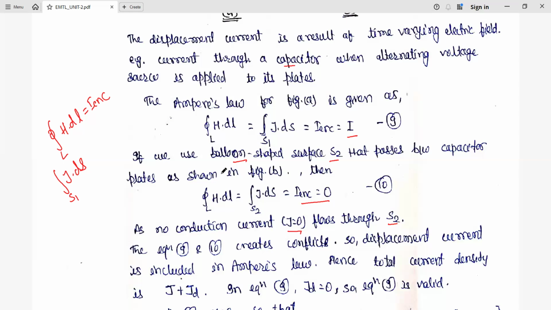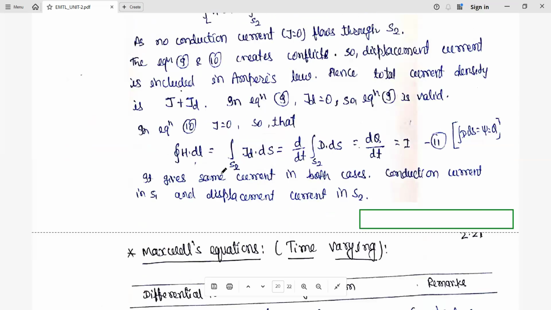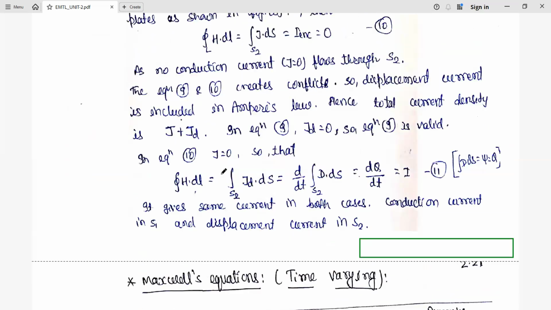Only in case of low frequency can we neglect all those things. Now finally, if you put J equal to 0 in equation 10, then we have the expression. This J_D is due to the displacement current density. So J_D dot dS, again, we have seen already, what is the value of J_D?